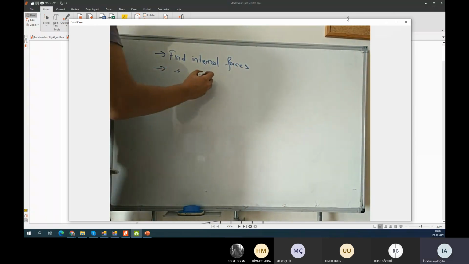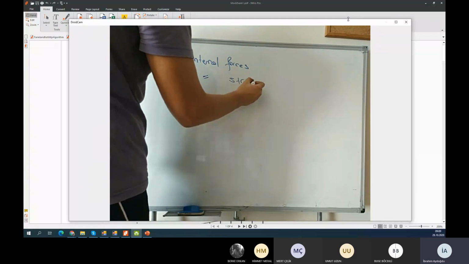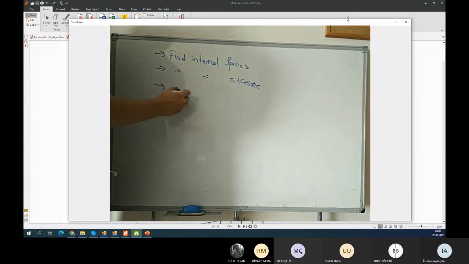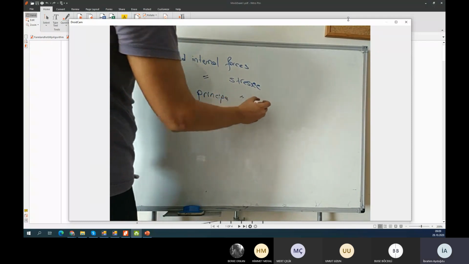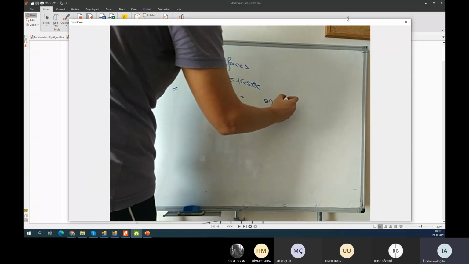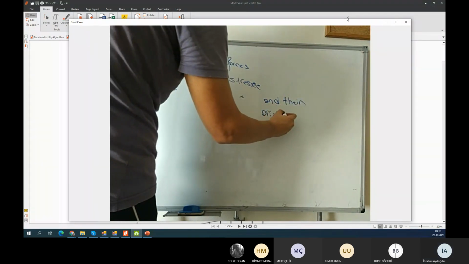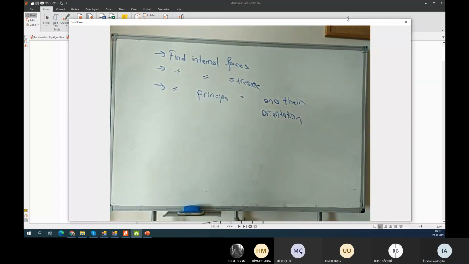Second step, find internal stresses. Okay. Then find principal stresses and their orientation. Just 3 steps we will use.